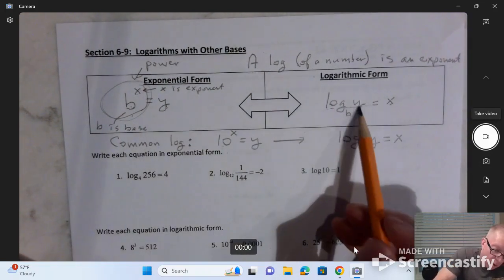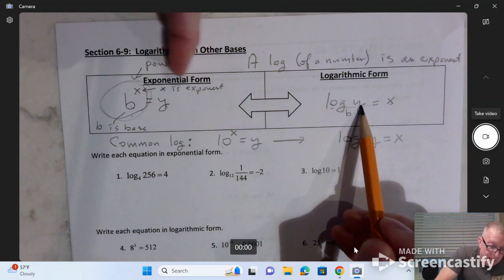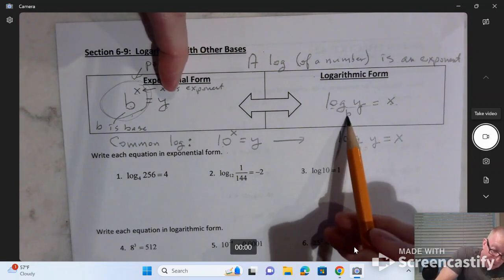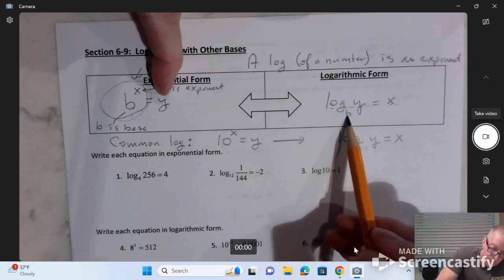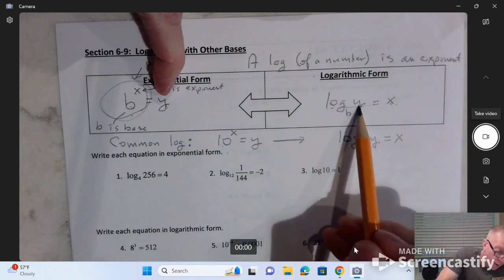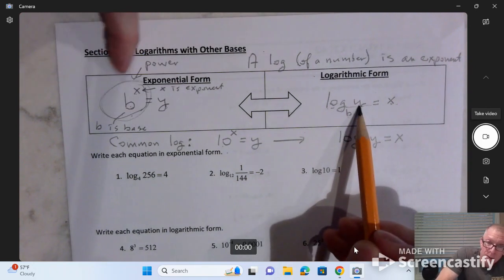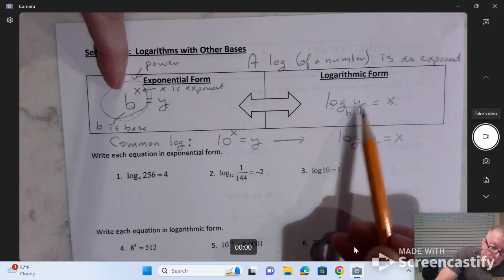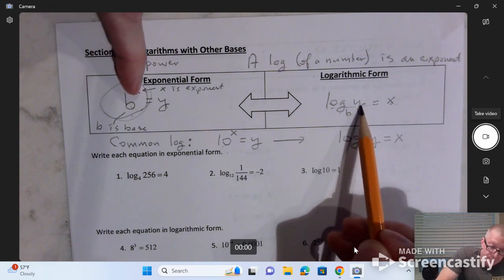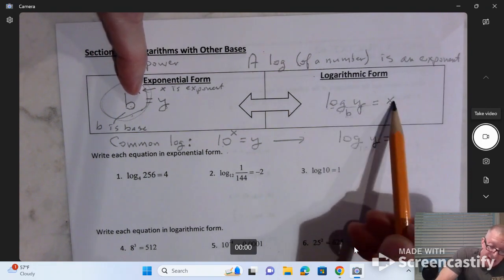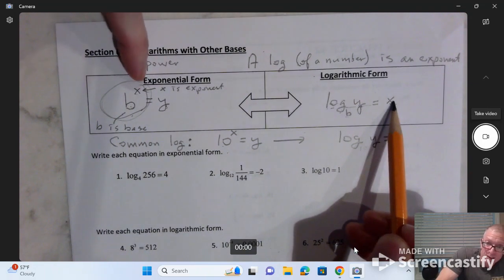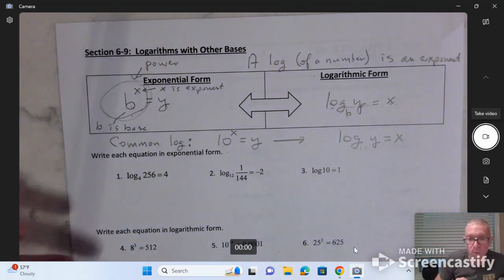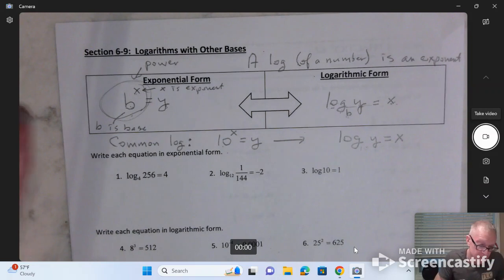Okay, so the log of a number, the log of y, is the exponent you would have to put on the base to get that number. Let me say that again. The log of y is your entire power over here. The log of that power, you specify the base, it's the exponent over here that you would put on that base to get y. Okay, so let's look at some examples.